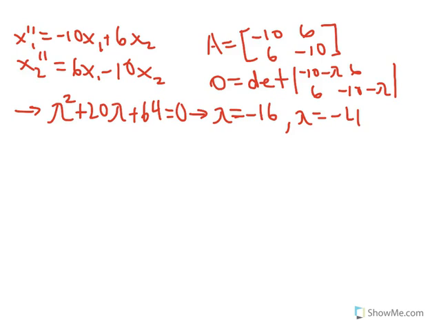Now notice that we want a periodic solution because these are blocks oscillating back and forth. That means that we will set lambda equal to negative frequency squared, and we will thus get omega equals 4 and omega equals 2.